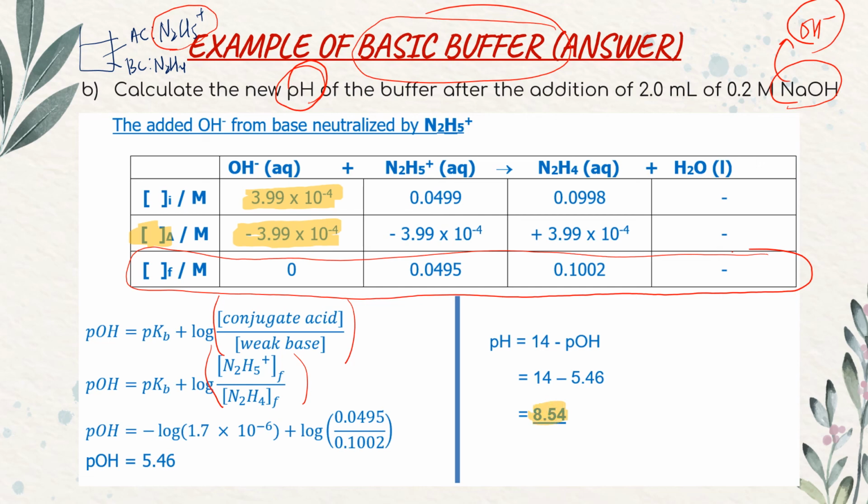Okay, compare with our initial pH from before. Our initial pH of the system was 8.53, which was before we added the base.